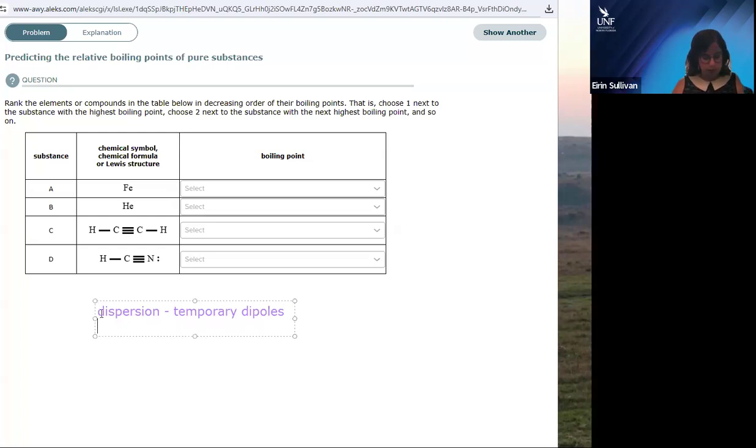Other kinds of intermolecular attractions are dipole-dipole interactions, between permanent dipoles. Permanent dipoles exist due to polar bonds. When you've got an electronegativity difference, you get a permanent bond dipole, a delta minus and delta plus, not a full charge separation. One subset of dipole-dipole interactions is hydrogen bonding.